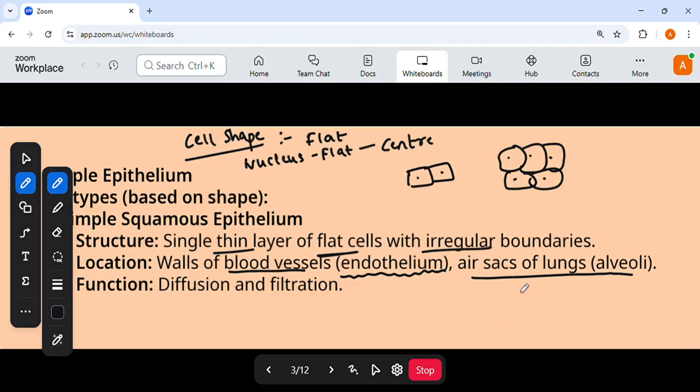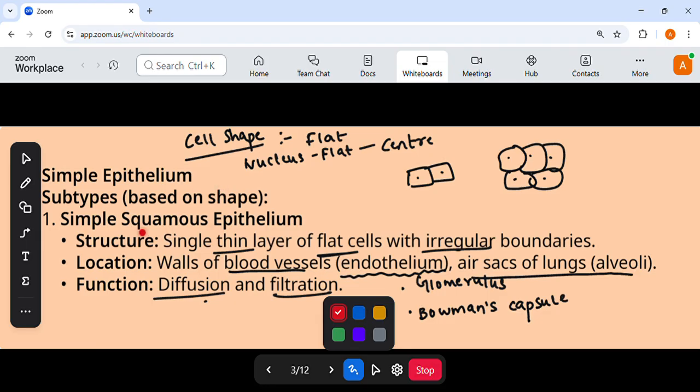Blood vessels, blood capillaries, glomerulus, Bowman's capsule. These are the places where we can see squamous epithelium. The function is diffusion and filtration.